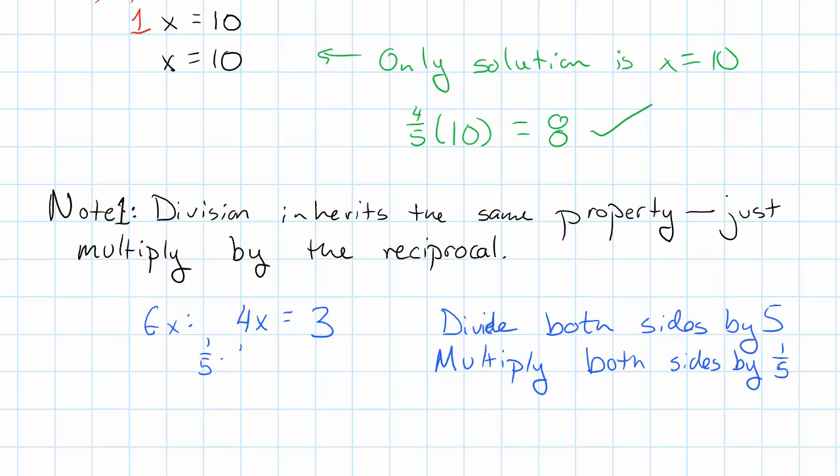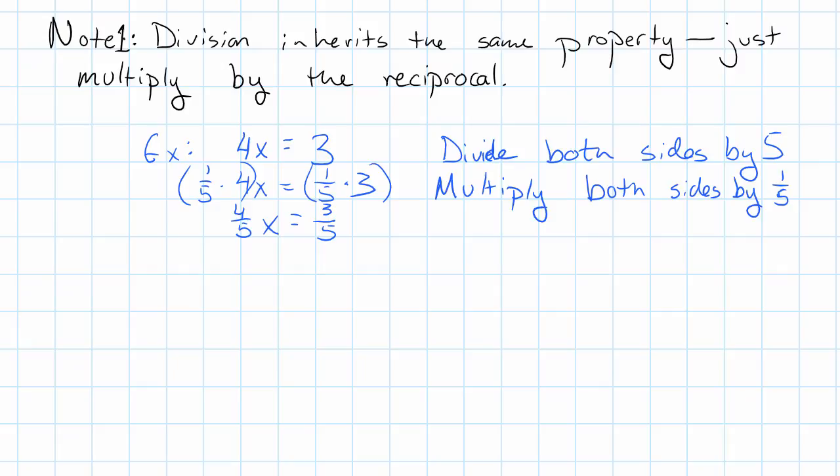So I'll have 1/5 times 4x equals 1/5 times 3. Using the associative property to group 1/5 times 4, we get 4/5 times x equals 3/5. Dividing both sides by 5 meant multiplying both sides by 1/5.